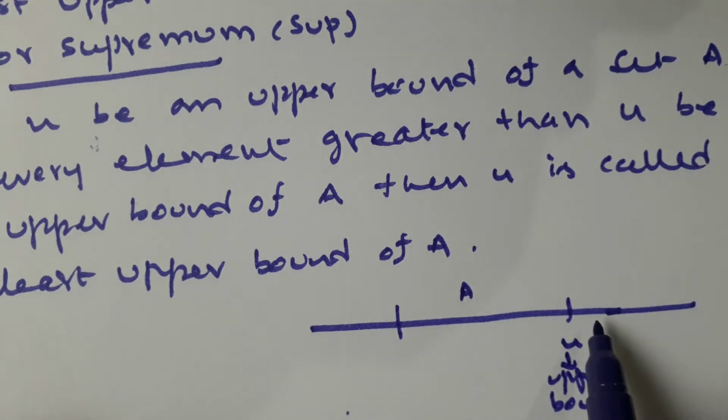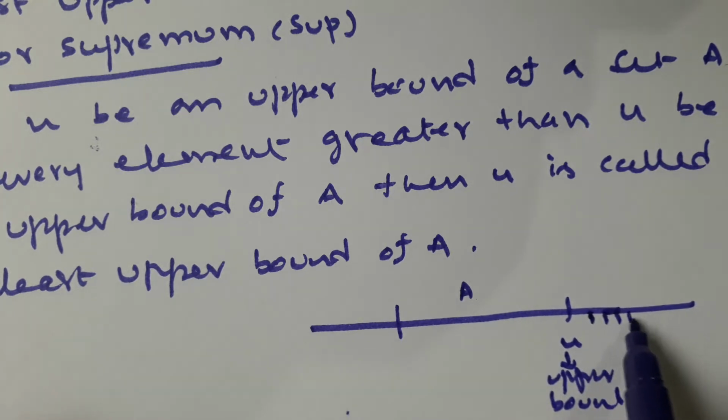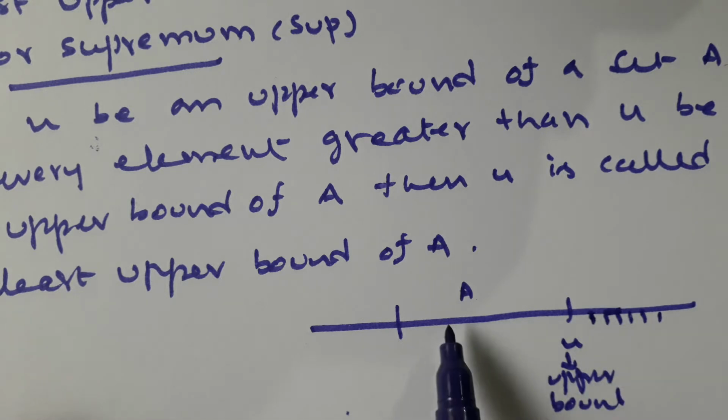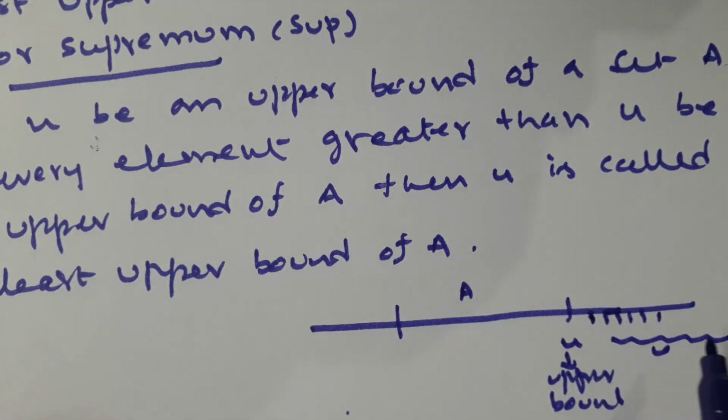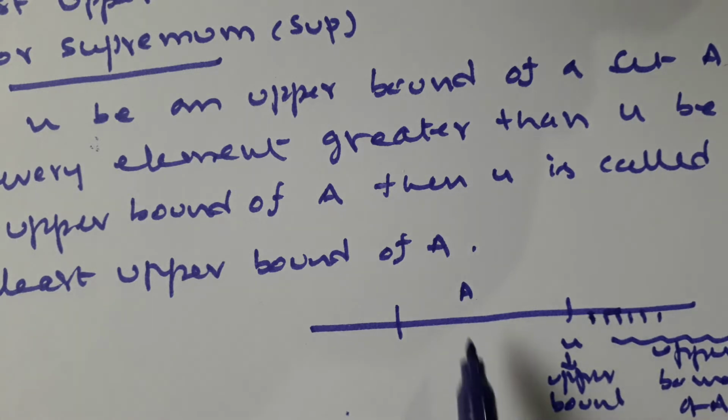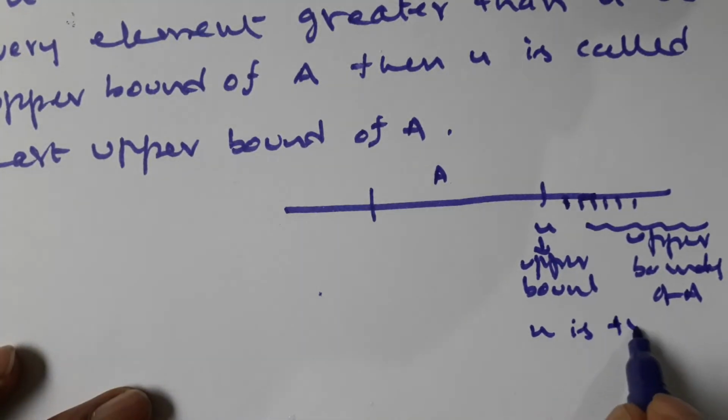And if every element greater than u is also an upper bound of A, then u is called the least upper bound of A. So here u is the LUB.